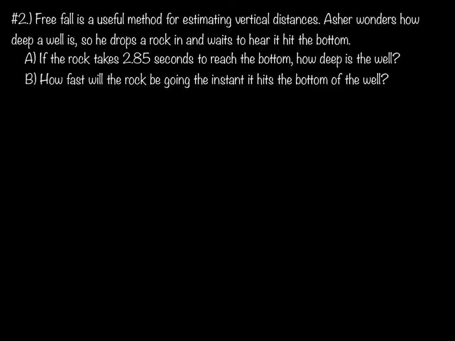So number 2, free fall is a useful method for estimating vertical distances. Asher wonders how deep a well is, so he drops a rock in and waits to hear it hit the bottom. If the rock takes 2.85 seconds to reach the bottom, how deep is the well? Okay, so we know that the rock has a time of 2.85 seconds.